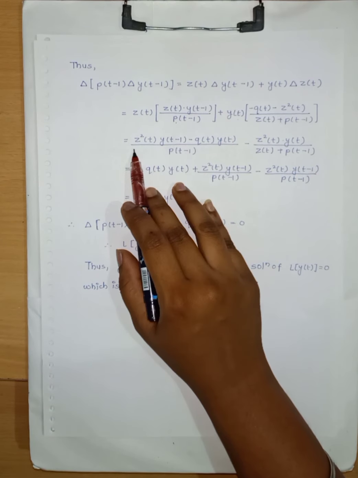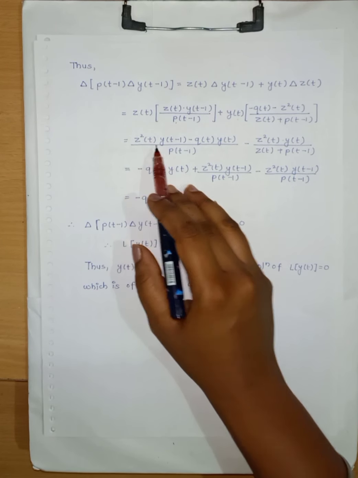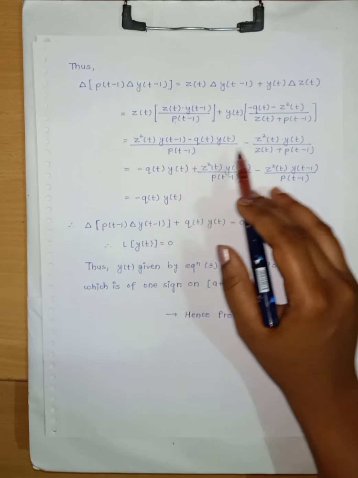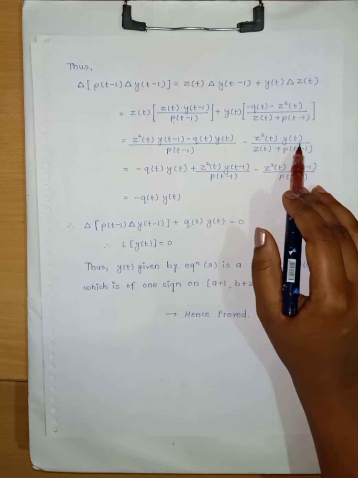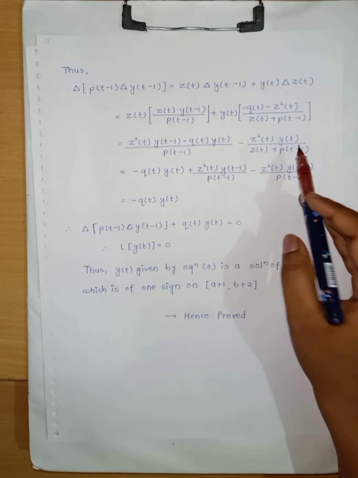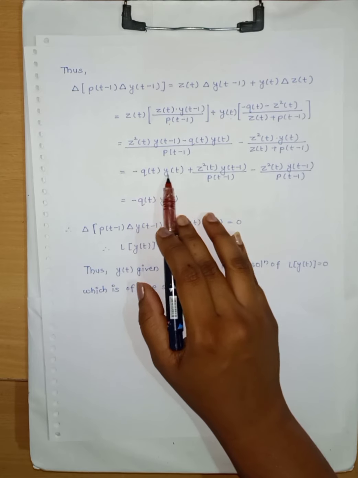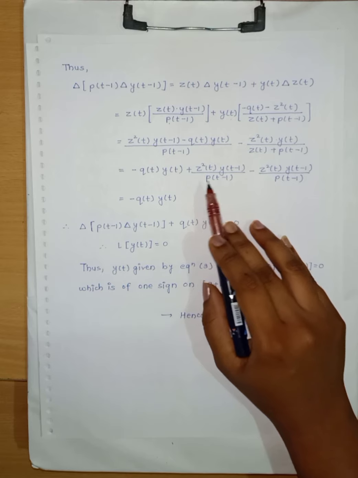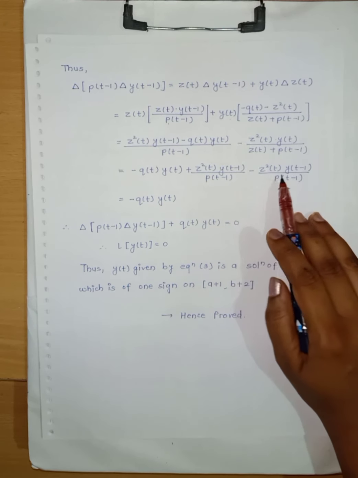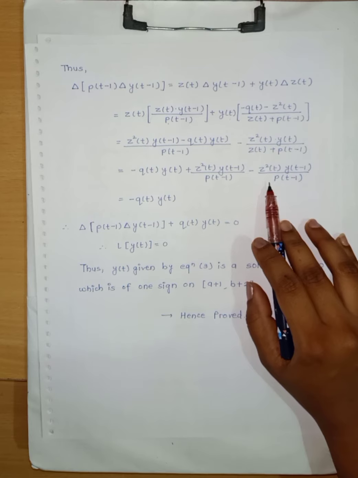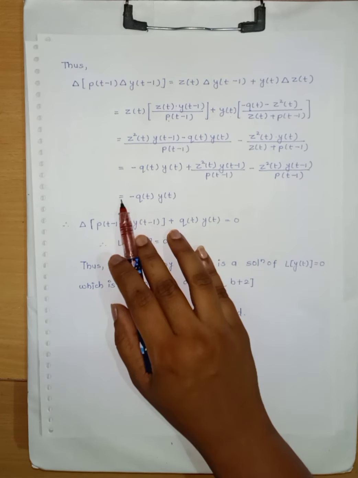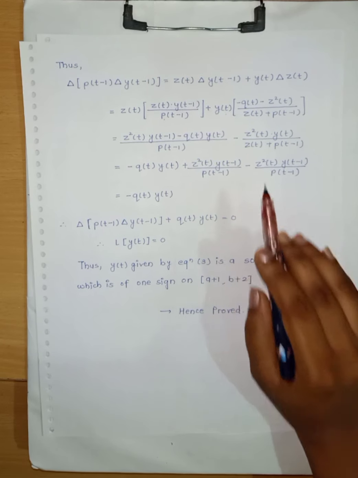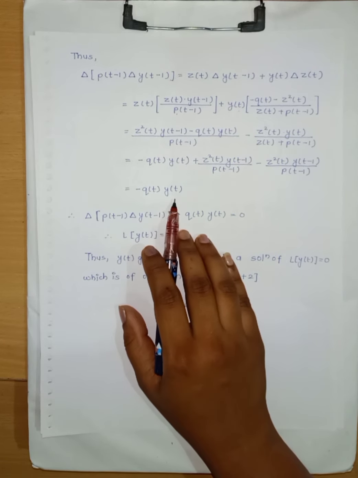Therefore, multiplying these both terms, z²(t) y(t-1) minus q(t) y(t) upon p(t-1) minus z²(t) y(t) upon z(t) plus p(t-1) is equal to minus q(t) y(t) plus z²(t) y(t-1) upon p(t-1) minus z²(t) y(t-1) upon p(t-1). That is equal to minus q(t) y(t). These both terms are the same, that's why they get cancelled. We get minus q(t) into y(t).